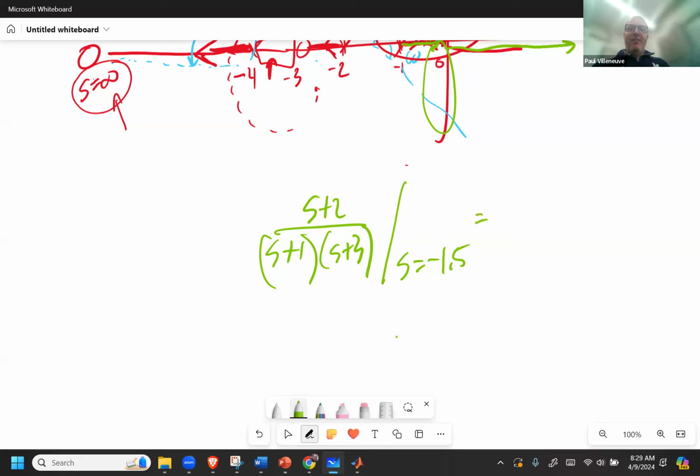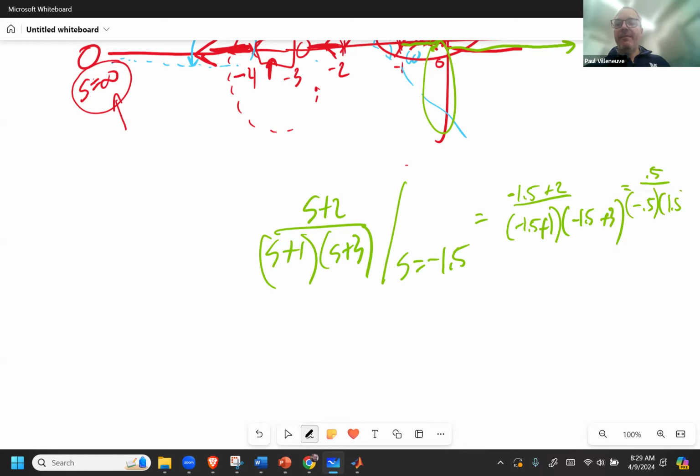All right, so minus 1.5 plus 2 all over minus 1.5 plus 1, sorry, I'm jumping ahead. Now I'm going to calculate that. We have 0.5 over negative 0.5 times 1.5.